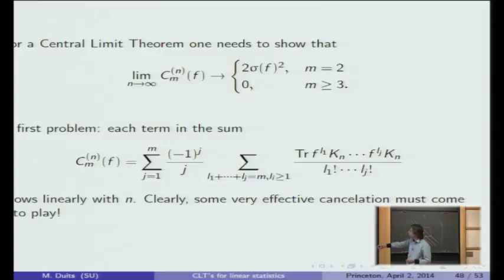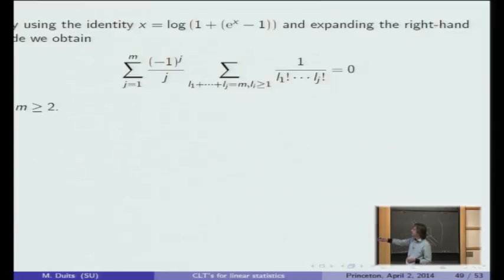If you set this operator to 1, then you get a nice identity, because then this is 0. The proof of this is just writing x in a difficult way and then doing an expansion of x as we did before. Okay, that's very simple, and this is a standard identity that has been used before also.